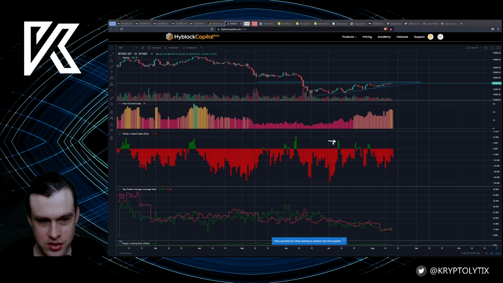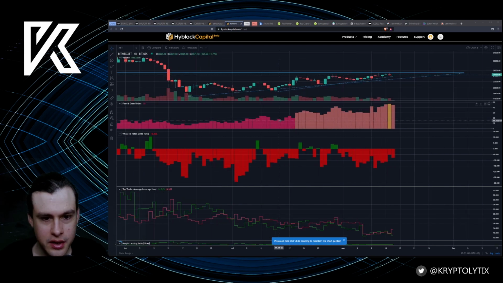In terms of the whale and retail delta, you can have a look at that. If you took action the day after the green comes back down into the red, so here, for example, one candle there, that candle there, and that candle there, we zoom into where those were.